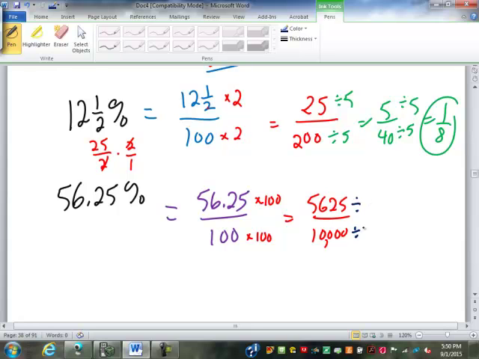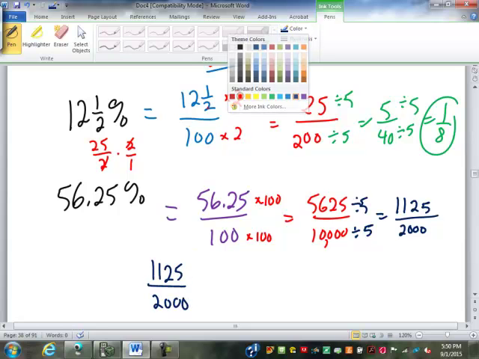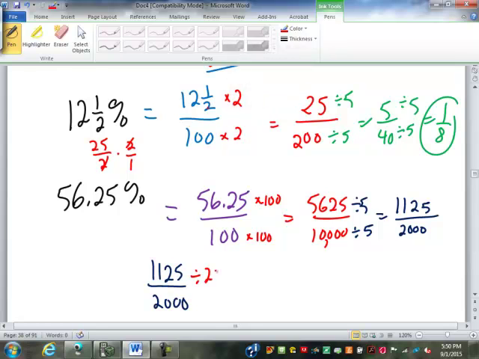We can divide both of those by, we'll start with 5. So 1,125 over 2,000. Still divisible by 25, I heard somebody say.